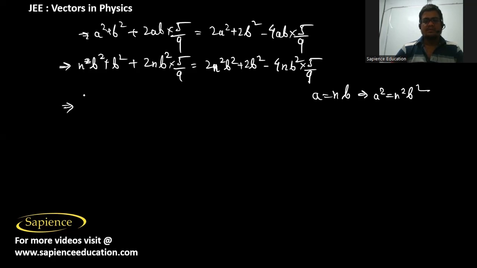So this will be 10 n B square by 9 on the left, equal to n square B square plus B square minus 20 n B square by 9.